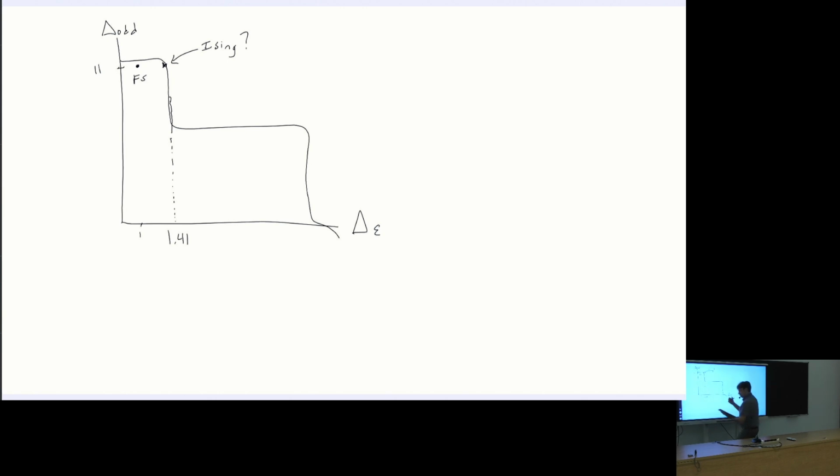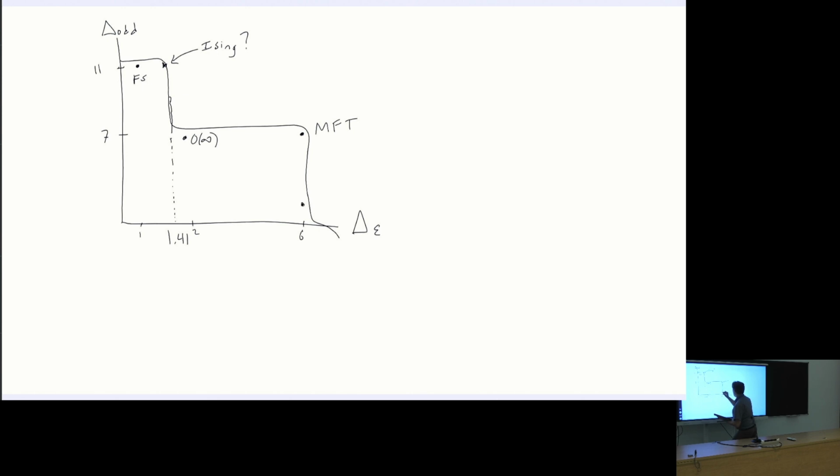Of course, there are other theories we can find in this space. There's the large N limit of the O(N) vector models, which sits here at 7 and 2. There's a stress tensor mean field theory, which sits over here at 7 and 6.